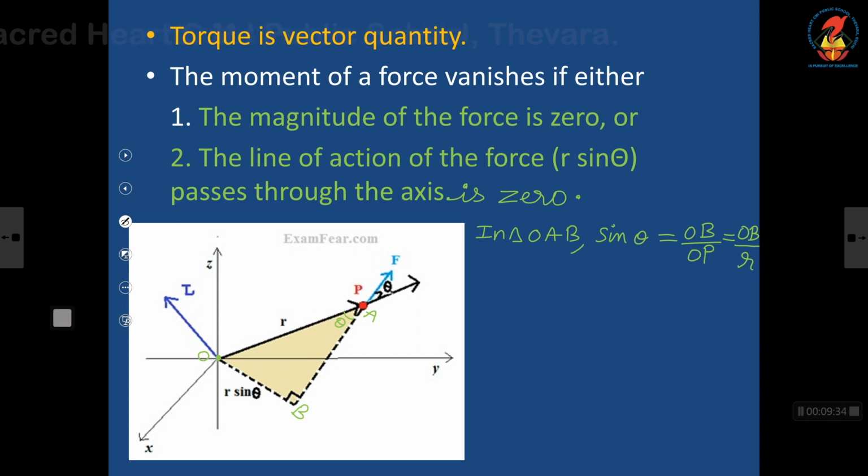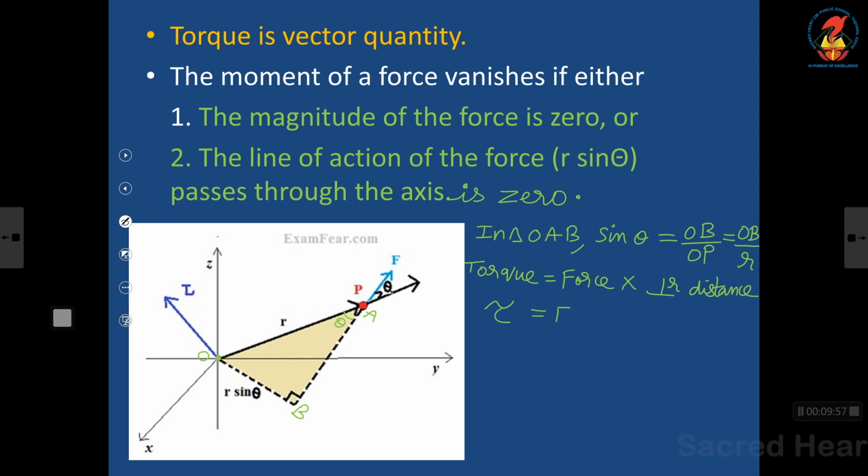So, I am writing torque is equal to force into perpendicular distance. This is tau.